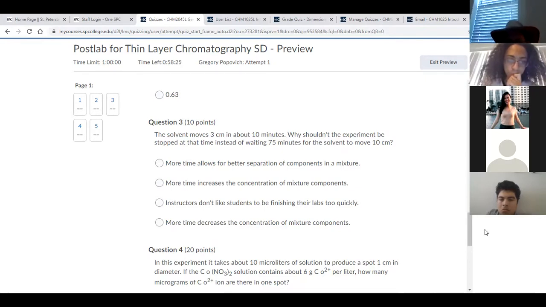More time allows for better separation. Each little bit of time that you're separating these things, the more chance you're going to get a separation of the components from one another. Now, the problem is if you take too much time, the solvent disperses the spot. So it's a trade-off there.